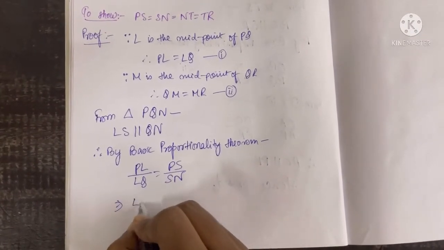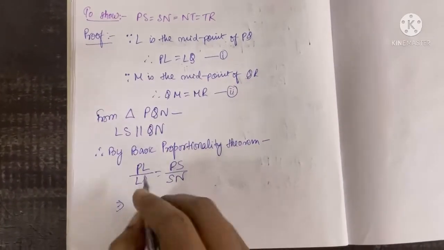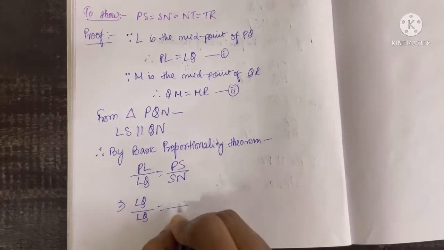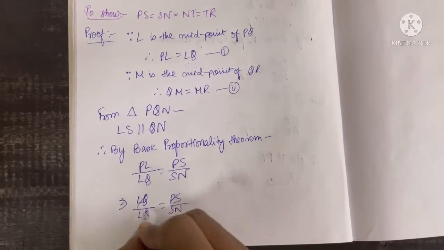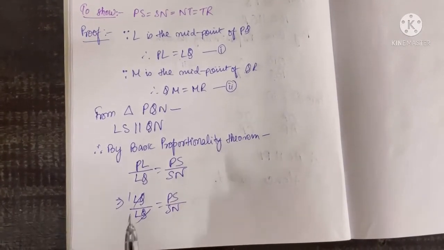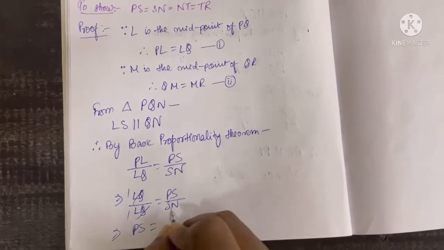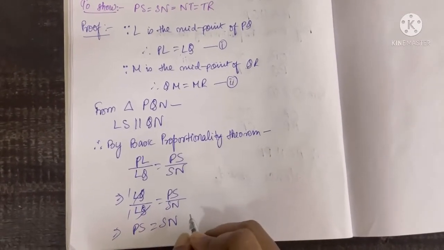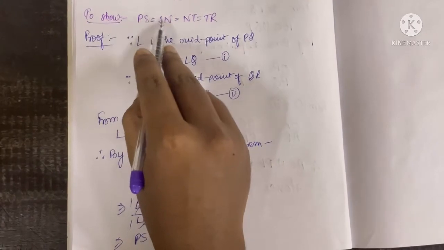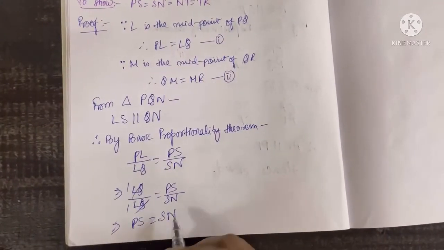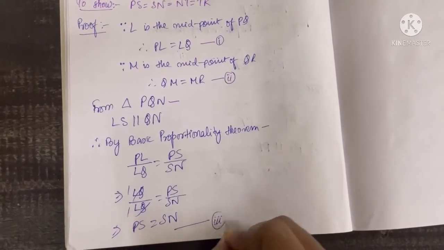In place of PL we can write LQ, because these two are the same, so LQ by LQ equals PS by SN. So LQ will cancel. Now if we do side change, we will get PS into 1, that is PS, and SN into 1, that is SN. So from the proof part, we have proved one thing, PS equal to SN. Let's take it as number 3.